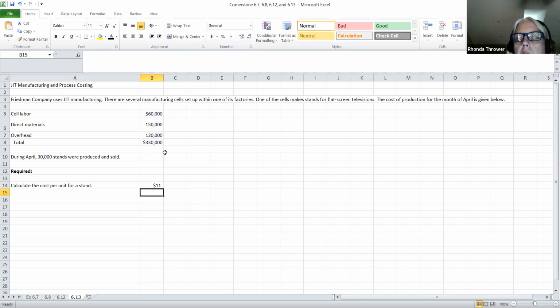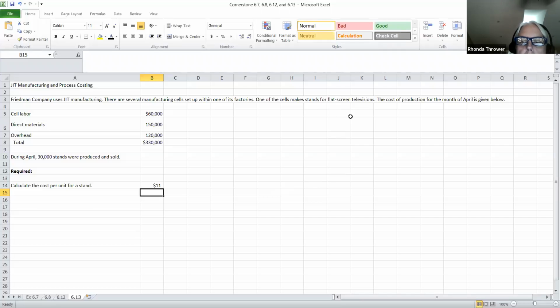They'll have a group of people that work on the units together, and then they take the units in one cell and transfer them to another cell where they're worked on again. It's not just a traditional line.